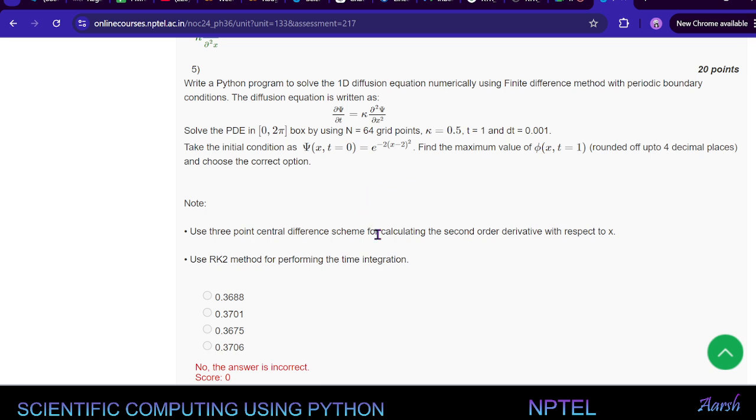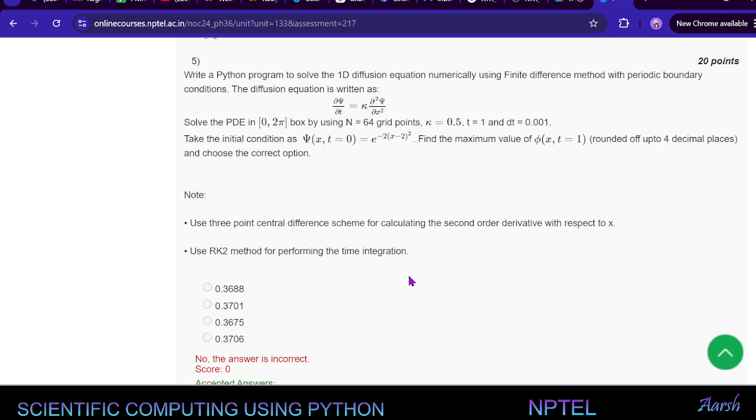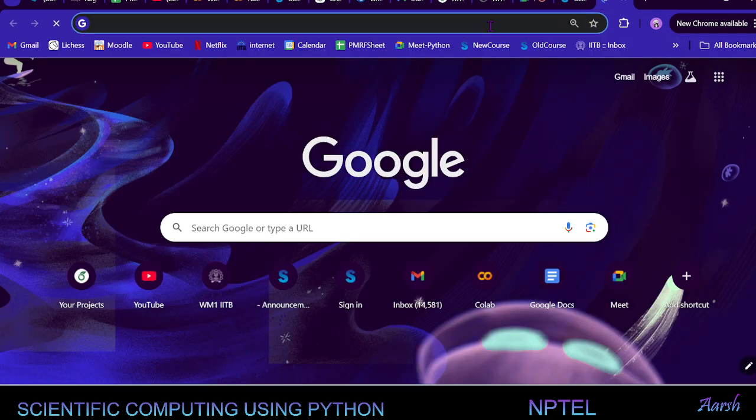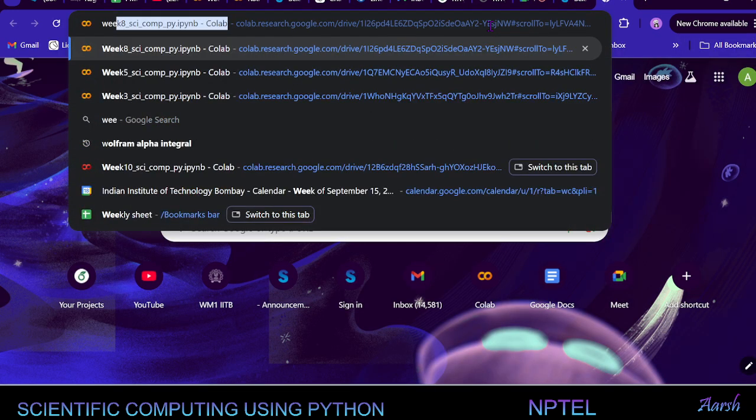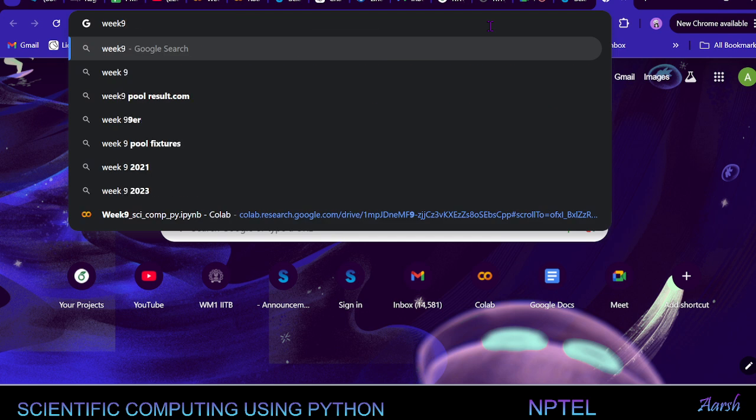Oh yeah, we can't do this analytically. Wait, maximum value of this. I mean, we can do it, but we need that formula. So let's just plug this into the previous week's code. Week 9, right?